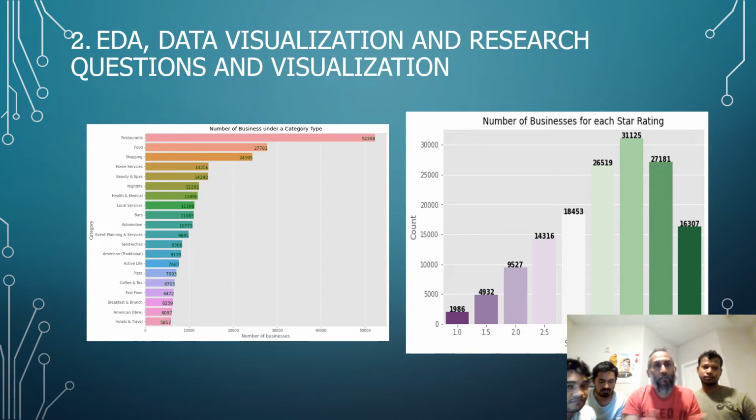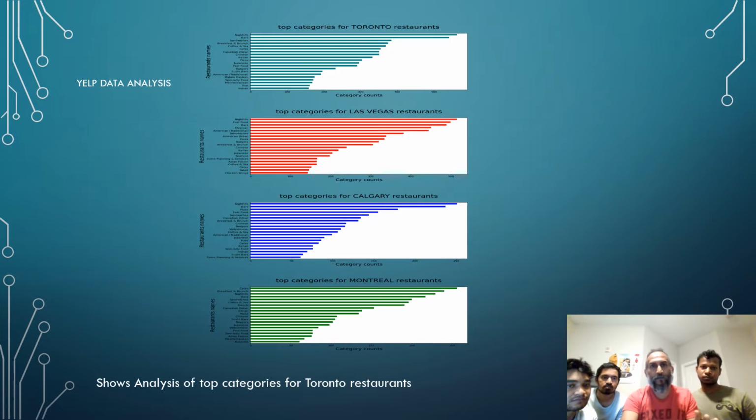The EDA we'll run through very quickly. We looked at the businesses, we looked at the ratings, we looked at the number of different kinds of businesses, and then we focused specifically on the restaurant businesses. We also looked at comparison across cities.